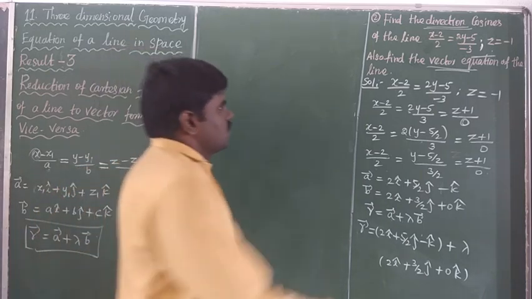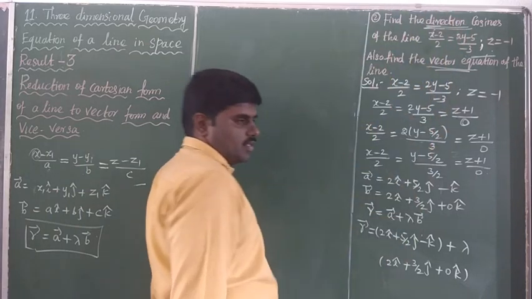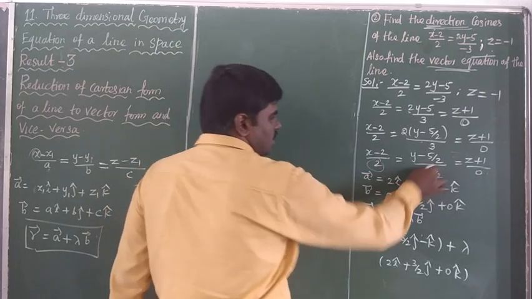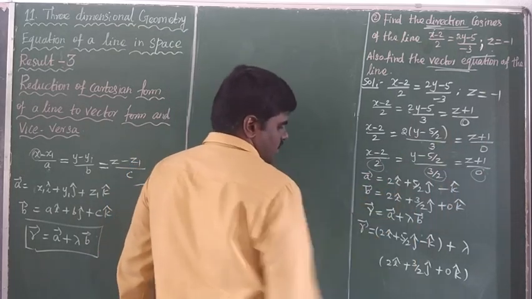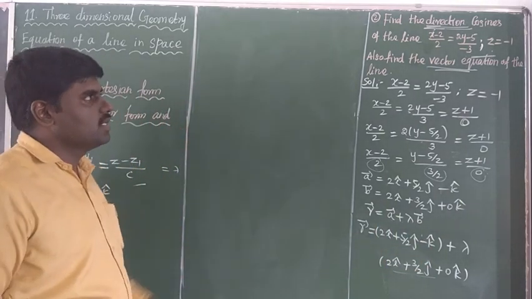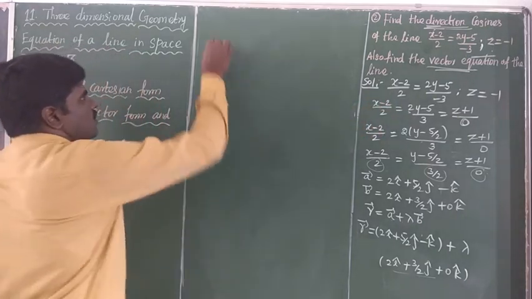Okay, what is the other question here? This question is to find the direction ratio. Okay, find the direction ratio. In the given problem, the direction ratio is 2, 3 by 2, 0. Here the meaning is 2, 3 by 2, 0 is the direction ratio of the given line. But the given question is asking for direction cosines. So what are the given?